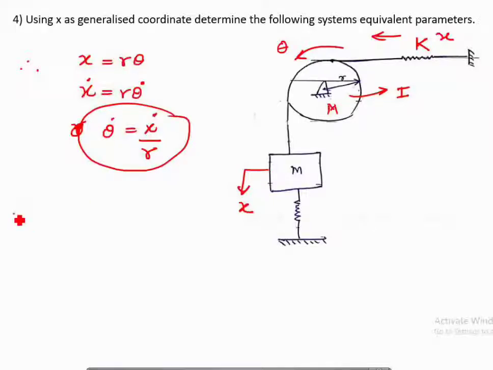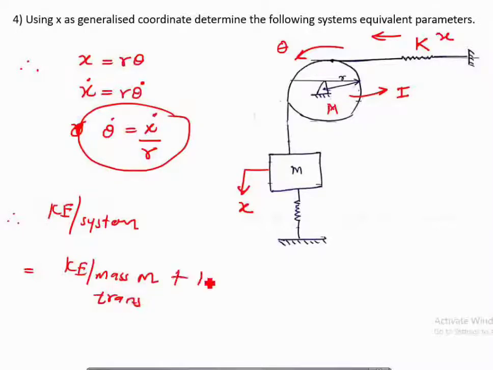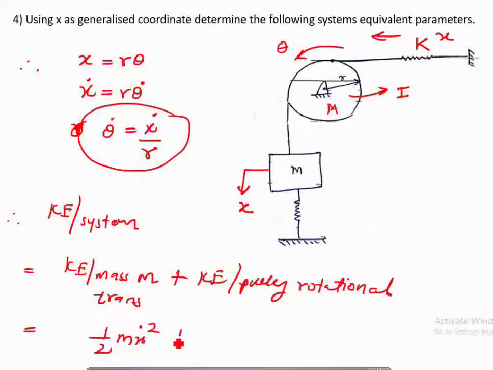Okay, so first of all, kinetic energy. The kinetic energy of the system is equal to the kinetic energy of the small mass n, translational, plus the kinetic energy of the pulley, only rotational, because your CG is fixed. So that is equal to 1/2 n x dot square plus 1/2 I theta dot square.